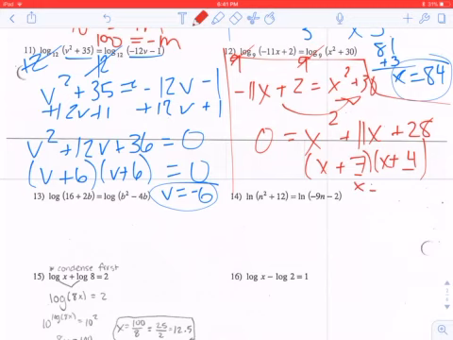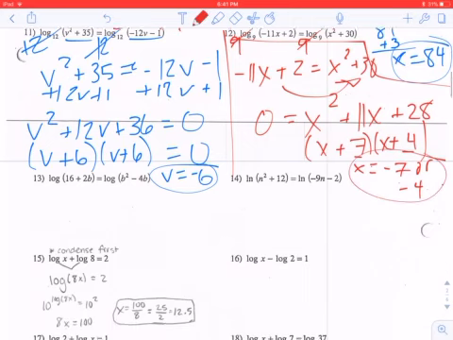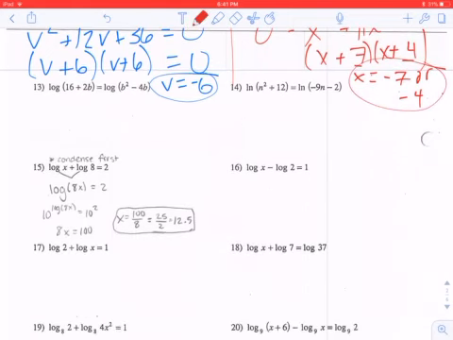x could equal negative 7 or negative 4 using zero product property. Again, on this one, it's going to look very similar. There's my setup because I've got to cancel out my logs with a base of 10.